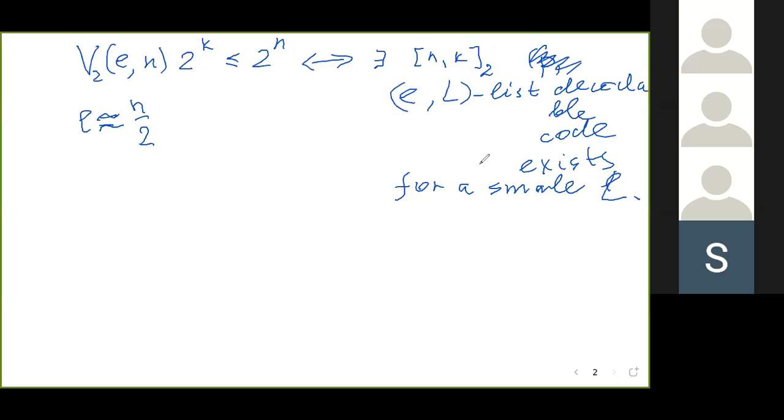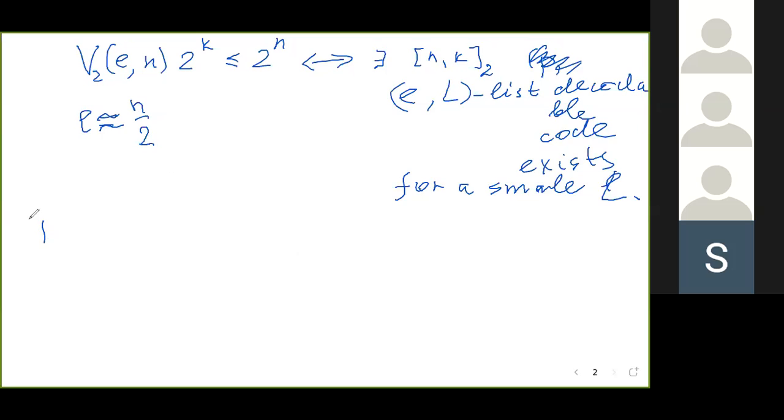So for the Hadamard code, we can hope to decode up to close to n over 2 errors, but certainly not much more, because already when E is n over 2, this inequality becomes an equality, and otherwise it is just wrong. So the maximal number of errors the Hadamard code can correct is close to n over 2, and it is possible to correct a number of errors close to that.